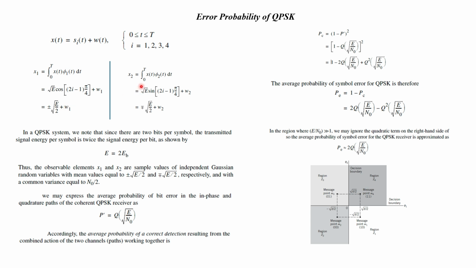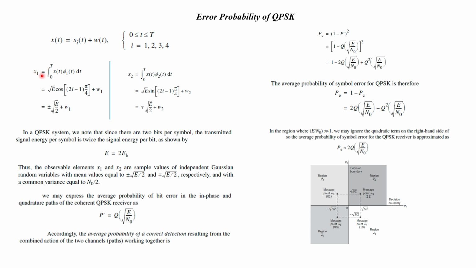In a similar way, the value for the second signal, that is the quadrature channel, is given by x2, which is also oscillating between two values, plus or minus square root of E by 2. Since in QPSK 2 bits are transmitted per symbol, the transmitted signal energy per symbol is twice the signal energy per bit.